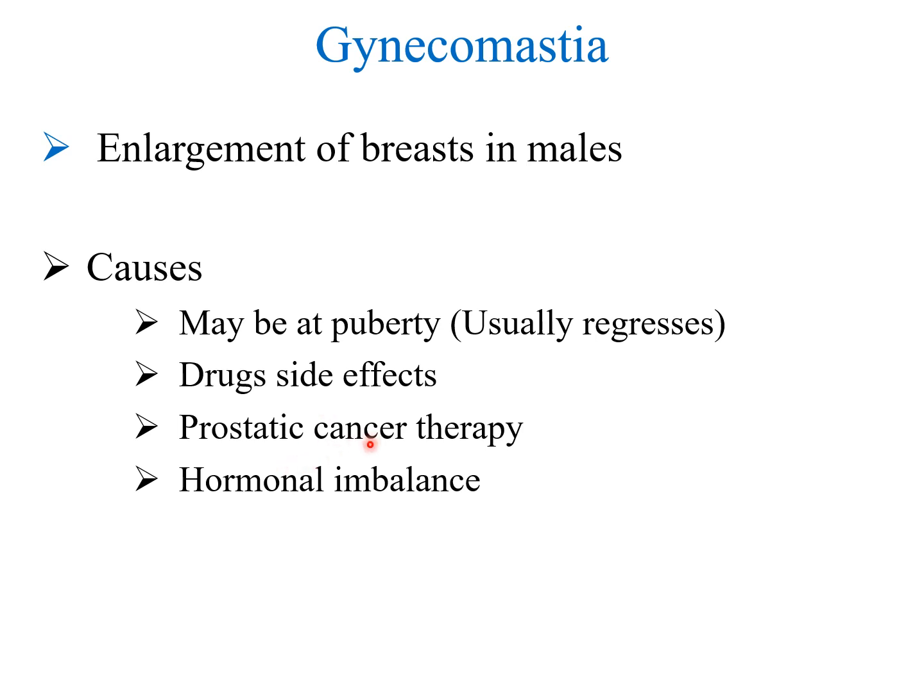A very common condition is prostatic cancer in males: prostatic cancer therapy can cause gynecomastia as a side effect, and a hormonal imbalance in your body can also cause gynecomastia. These are the common causes of gynecomastia, but we will talk about them in more detail in physiology as well as in other subjects.